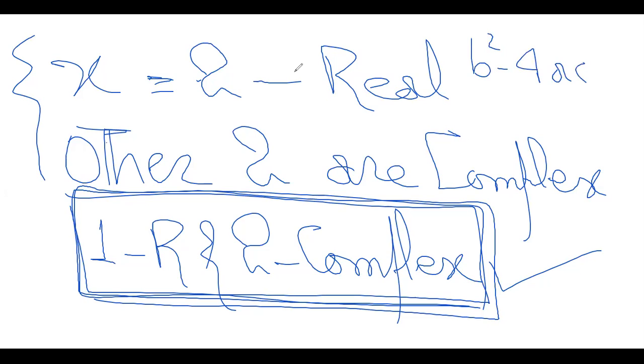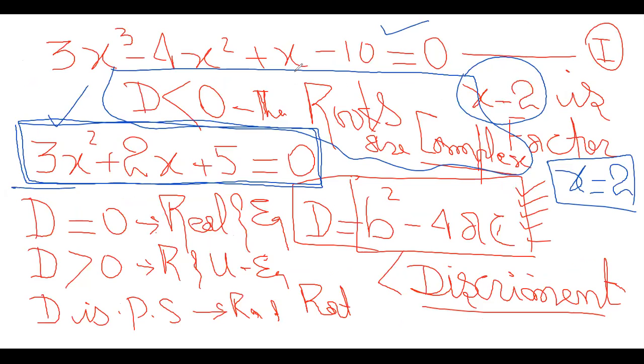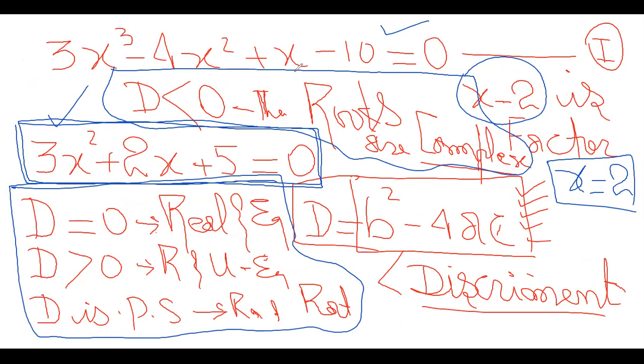If this is greater than 0, less than 0, equal to 0, or a perfect square, then you will talk about the roots the way I have written in the previous one. So this is all that should be in front of you. What is d? Don't solve it just to find the value of d, only to talk about the roots of the given equation. I'm sure that you have got this one also.